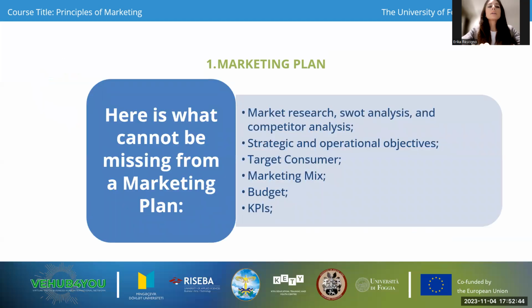So here is what cannot be missing from a marketing plan. We have market research, SWOT analysis, and competitor analysis, strategic and operational objectives, target consumer, marketing mix, budget, and KPIs.